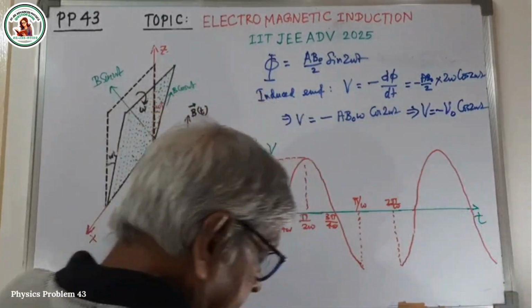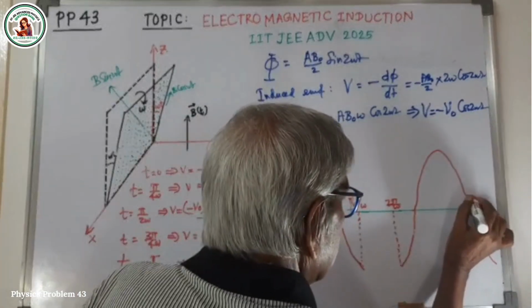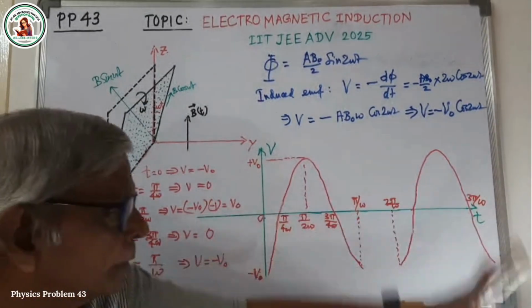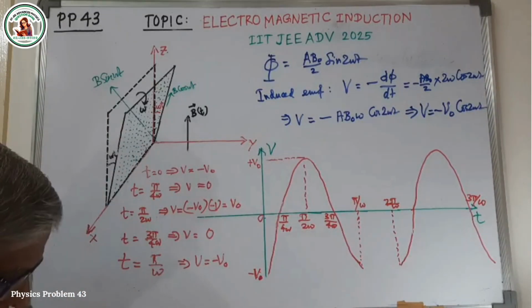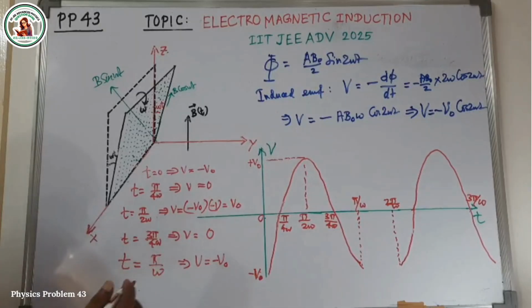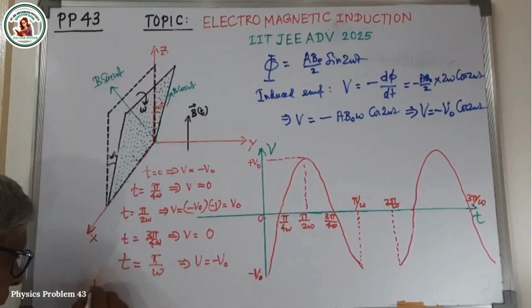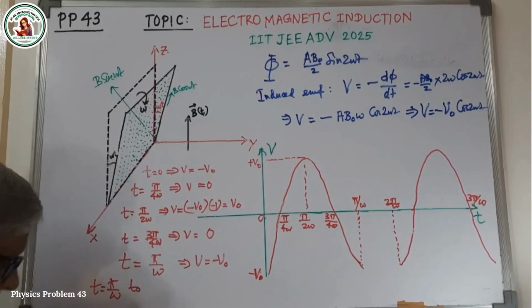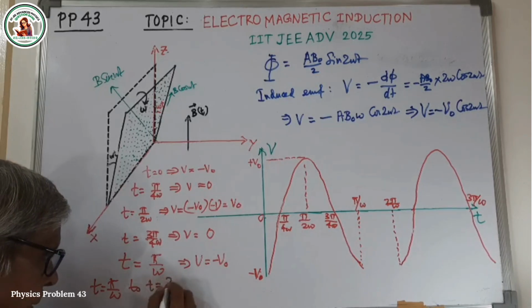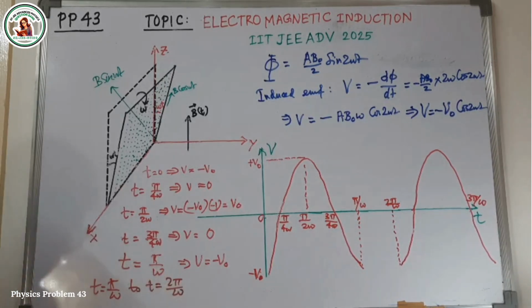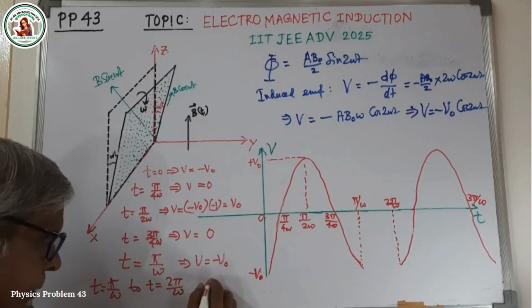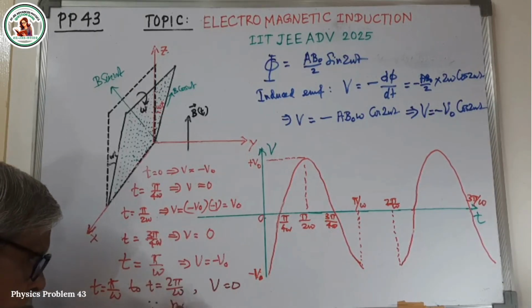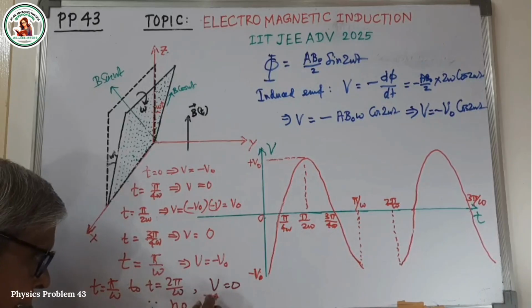This is 2 pi by omega, then this is 3 pi by omega. The same cycle continues. So that is how the graph goes. We can say here that from t equal to pi by omega to t equal to 2 pi by omega, V is equal to 0, the reason being no magnetic field is present in that region.